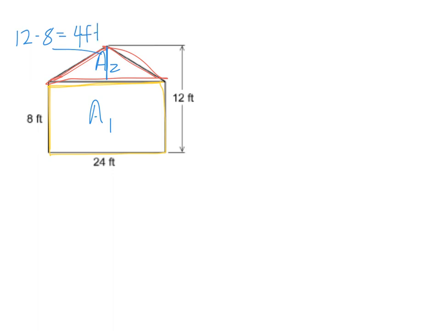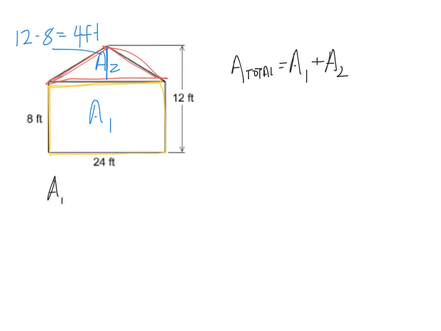Now that I know the height of the triangle, I can write my total area formula. So I get A total equals A1 plus A2. Now I can solve each of those shapes.